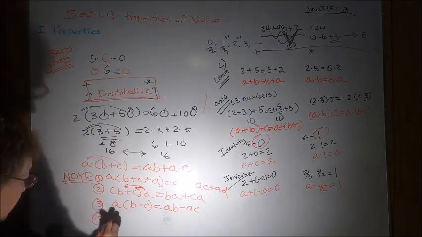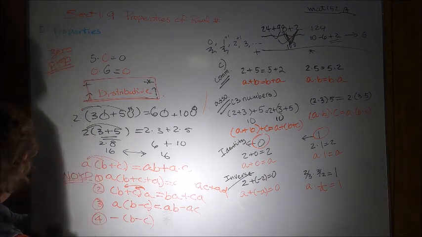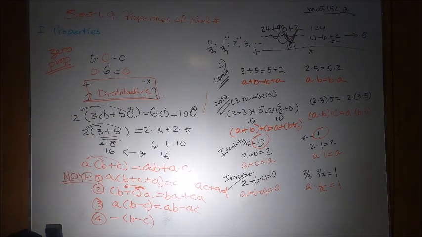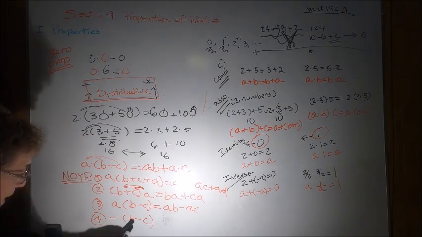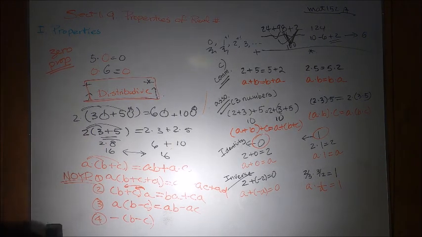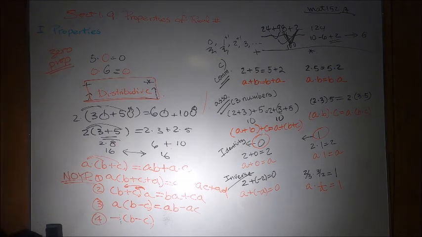Next one, if I have a negative times B minus C, this is very important for your algebra. You need to apply your negative to everybody. Actually, this means an invisible 1 anyway, right?